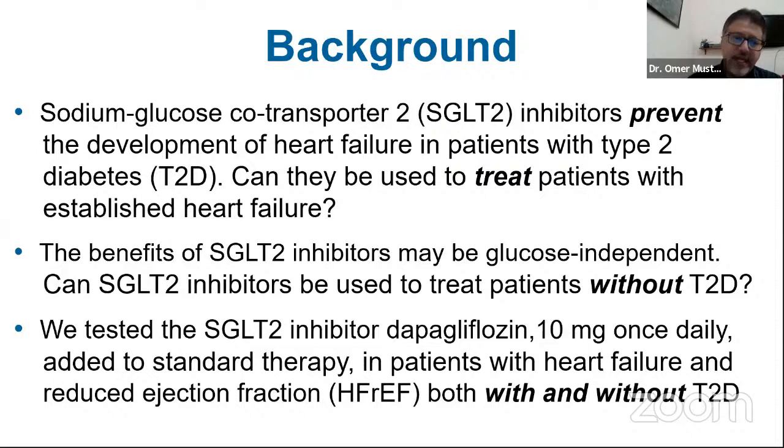Number one, are the benefits of SGLT2 inhibitors glucose dependent? Can SGLT2 inhibitors be used to treat patients without diabetes? All this was tested, and both groups, with and without diabetes, benefited from SGLT2 inhibitors in patients with heart failure with reduced ejection fraction.